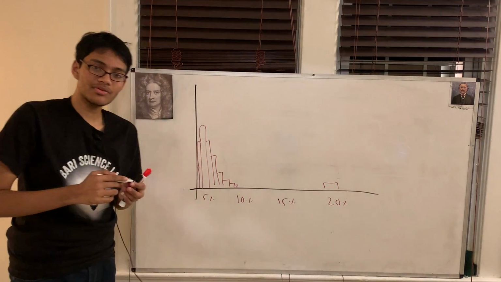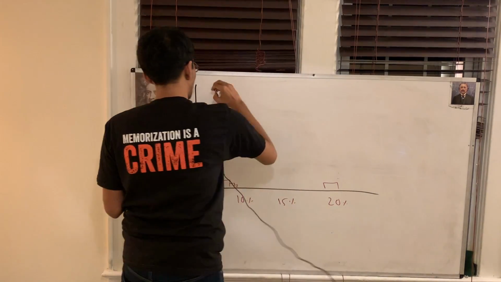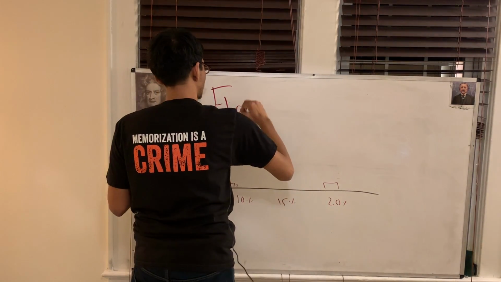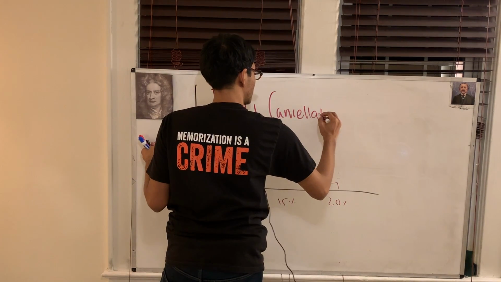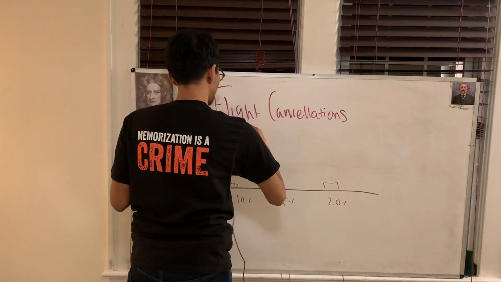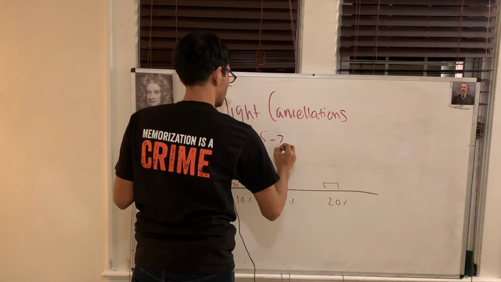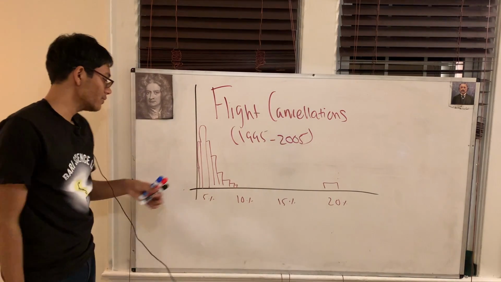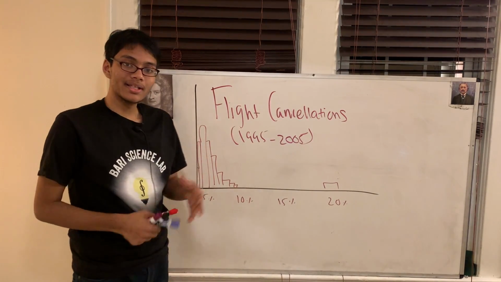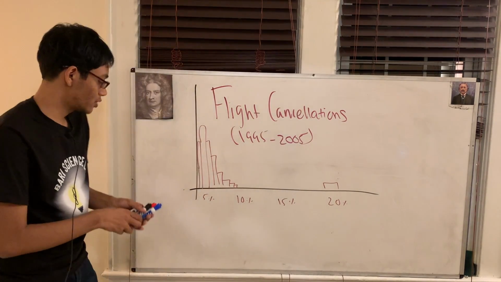All right, folks, so this right here is the flight cancellations of passengers from 1995 to 2005, okay? So over the course of a big decade. Okay, well, what's happening here? Well, let's try to describe this distribution of data.